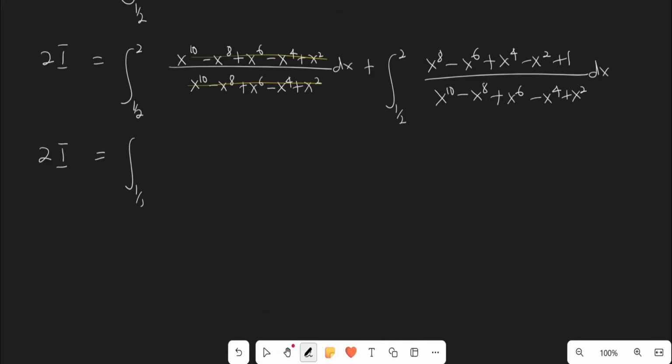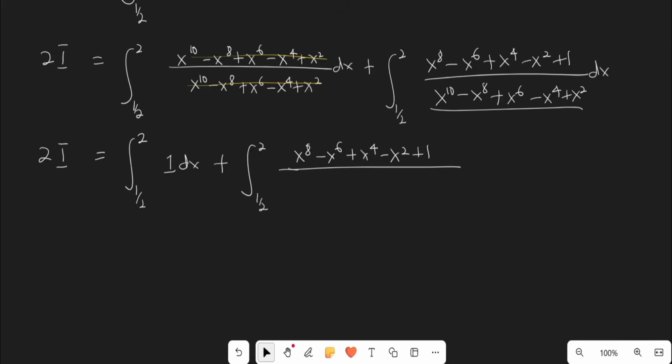So this is the integral from 1/2 to 2 of 1 dx, plus the integral from 1/2 to 2 of x raised to the power 8 minus x raised to the power 6 plus x raised to the power 4 minus x squared plus 1, all divided by, at the bottom I'm going to factorize x squared out, and that leaves x raised to the power 8 minus x raised to the power 6 plus x raised to the power 4 minus x squared plus 1, and then dx.